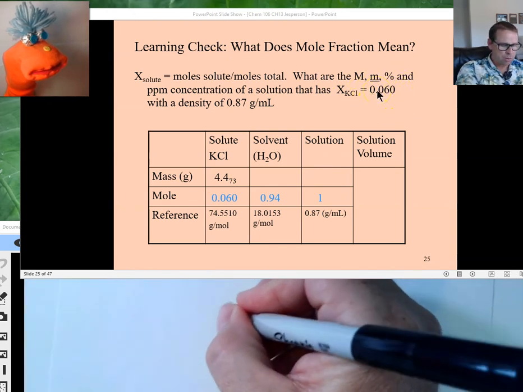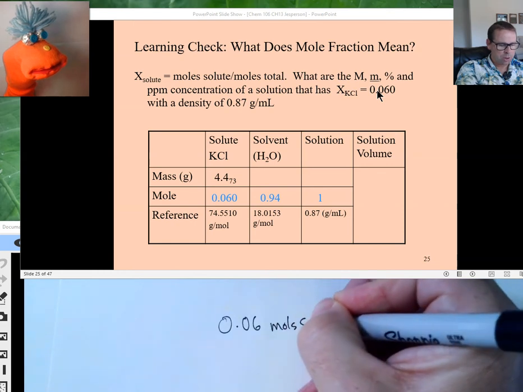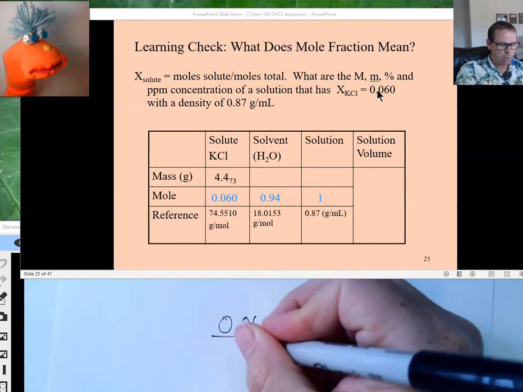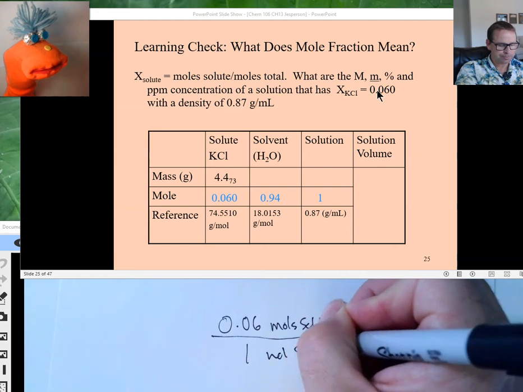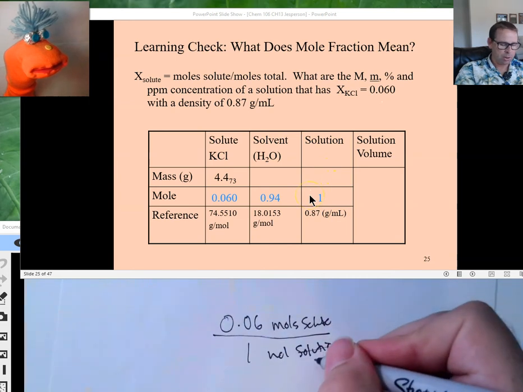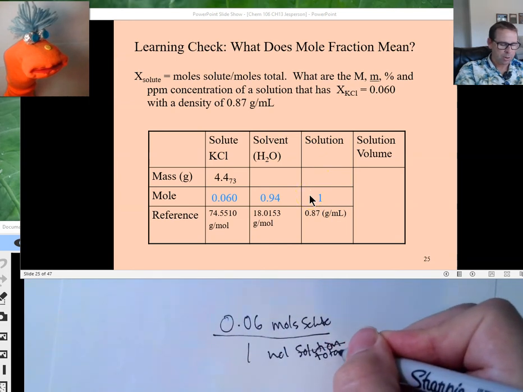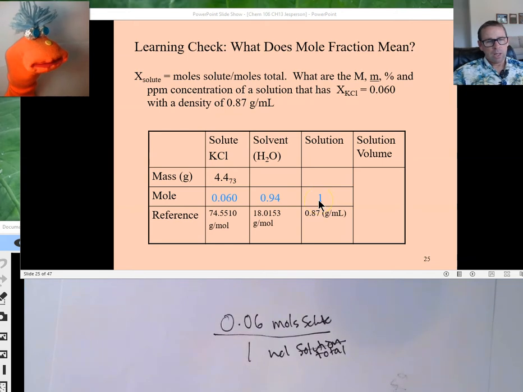So that means 0.06 moles of solute for every 1 mole of solution. So we put moles of solution here, or moles total. I guess we don't really call it moles total or solution, but it is the same thing. Okay, so 0.06 plus the 0.94 equals our 1.